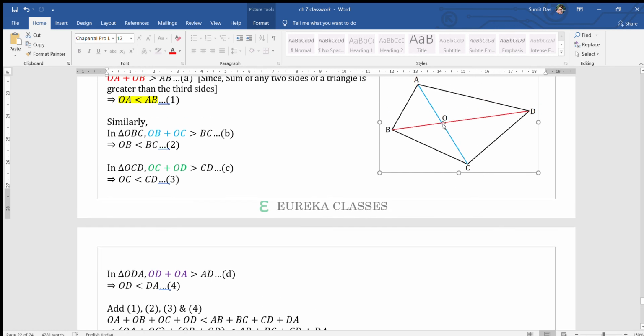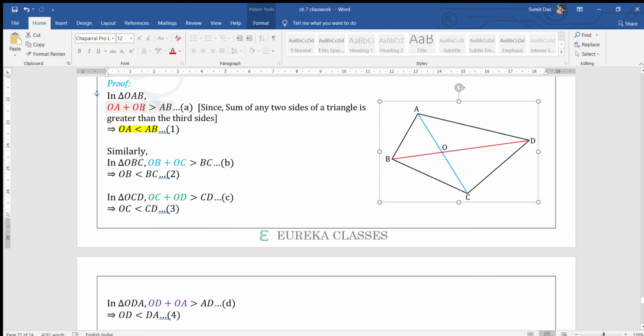Similarly, in triangle ODA, OA plus OD is greater than AD, and OD is less than AD. Okay, so see the marking. When it is greater than, I'm marking with A, B, C, D, and when it is less than, I'm marking with 1, 2, 3, 4.